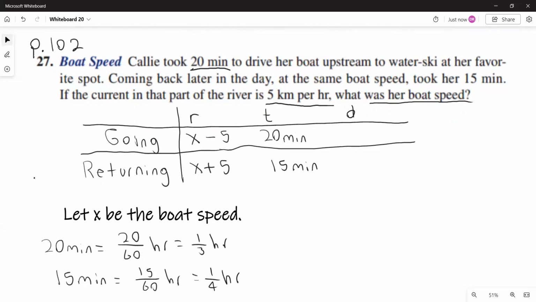Okay, so the times are going to be 1/3 and 1/4. And the distances are either 1/3 x minus 5 or 1/4 x plus 5.